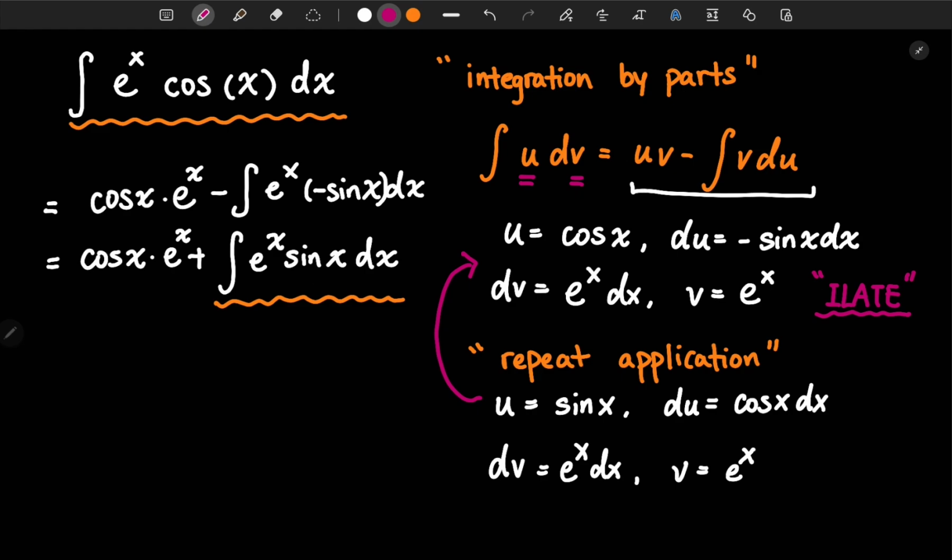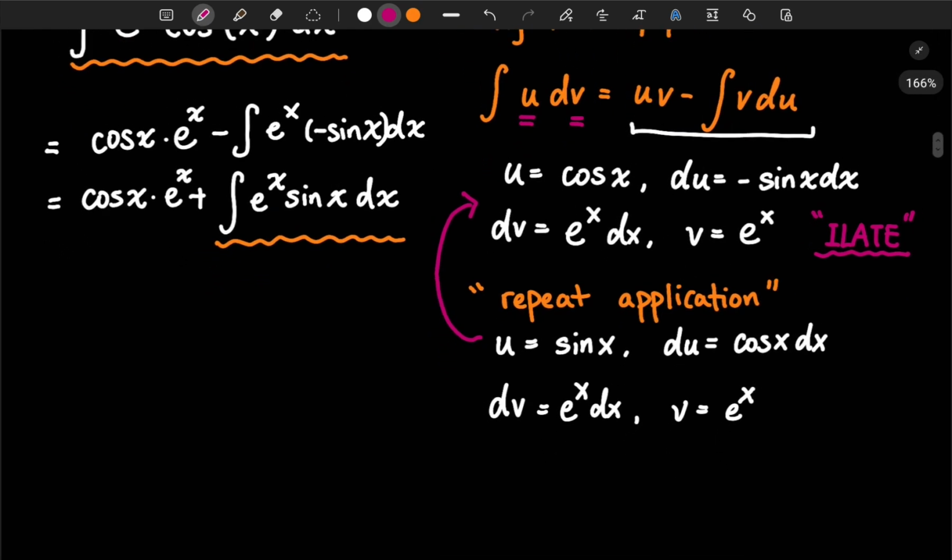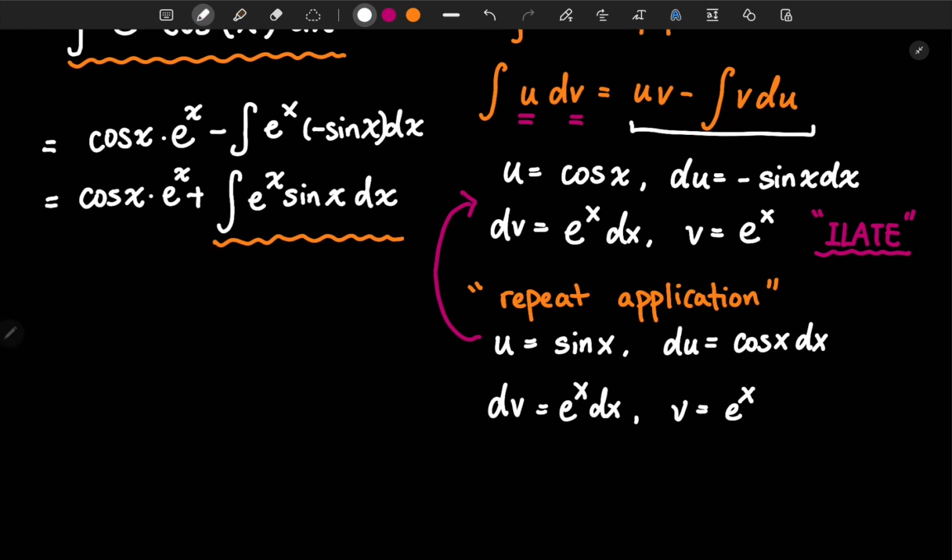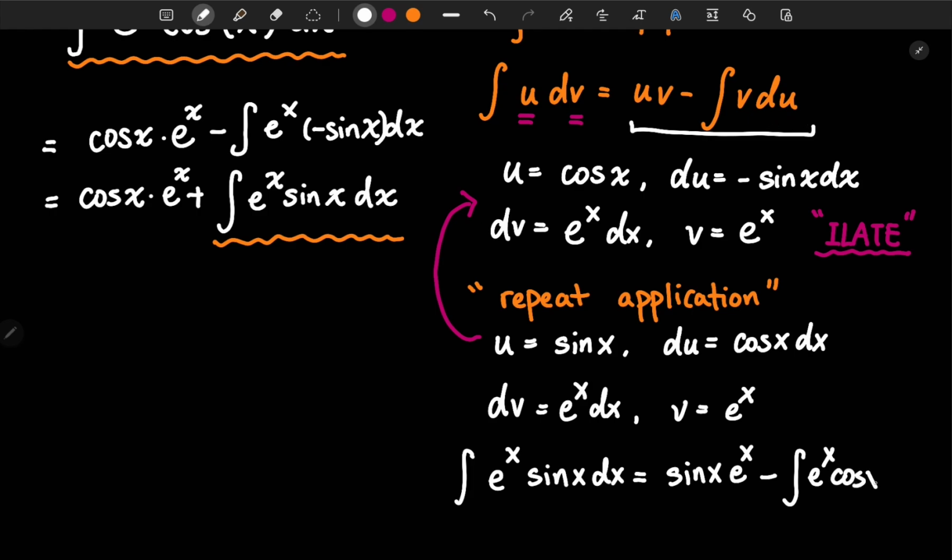Okay, so let's try to rewrite the new integral. The integral of e to the x sine x dx is equal to uv, which is sine x e to the x, minus the integral of v du, which is e to the x times cosine x dx.